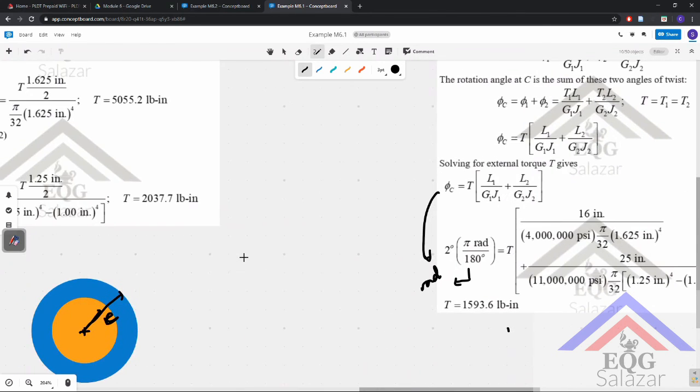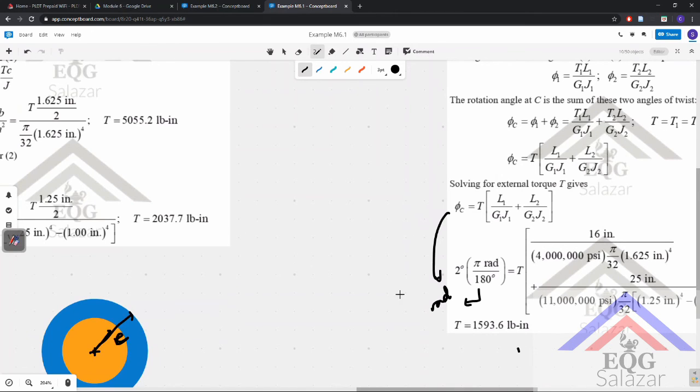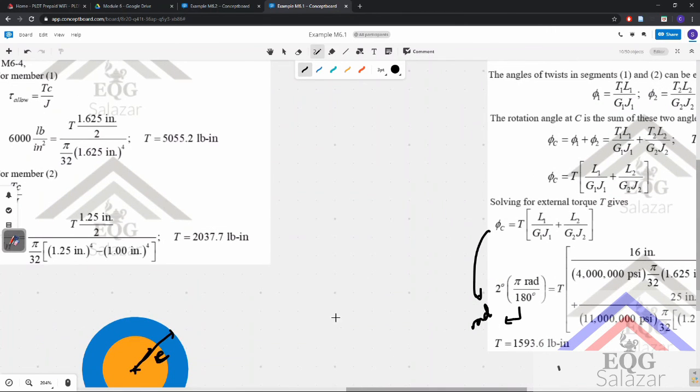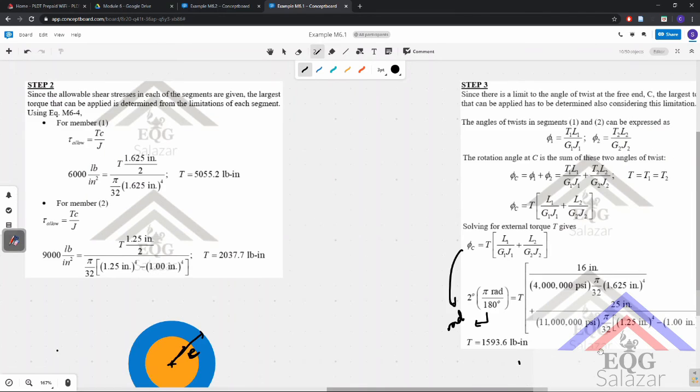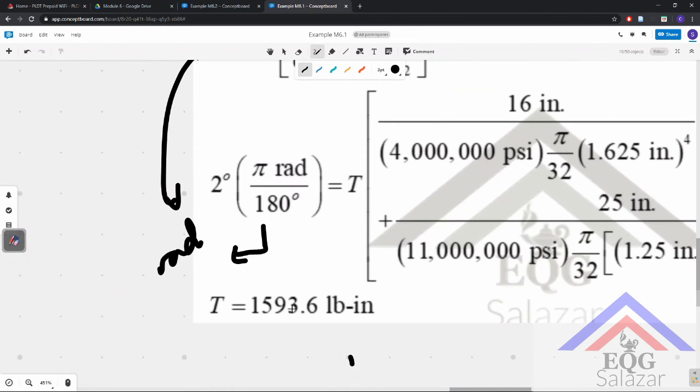Now, given these three values, 1,500, 5,000, and 2,000, which one are we going to choose? This value of T was determined from a limitation of 2 degrees of rotation angle at C. If I exceed this, will my rotation angle at C exceed 2 degrees? The answer is yes.